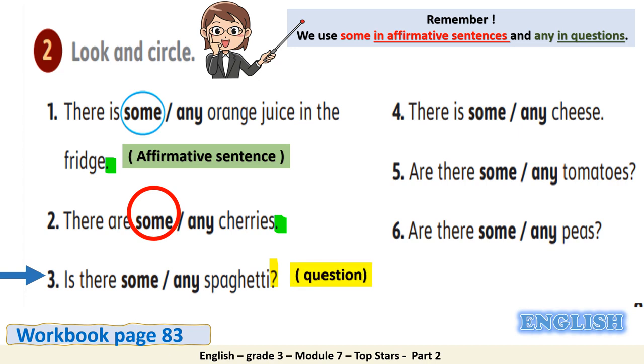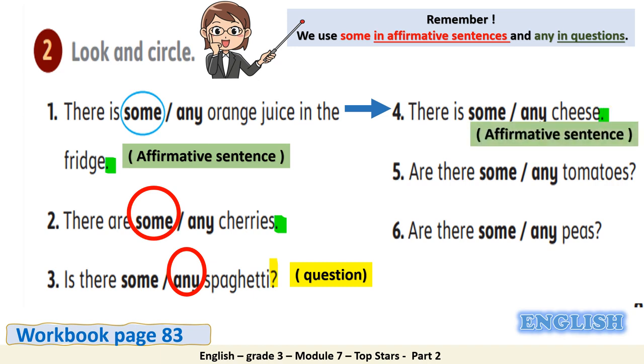It's a question. Very good. Any. Is there any spaghetti? Number 4. We have a full stop. It's an affirmative sentence.